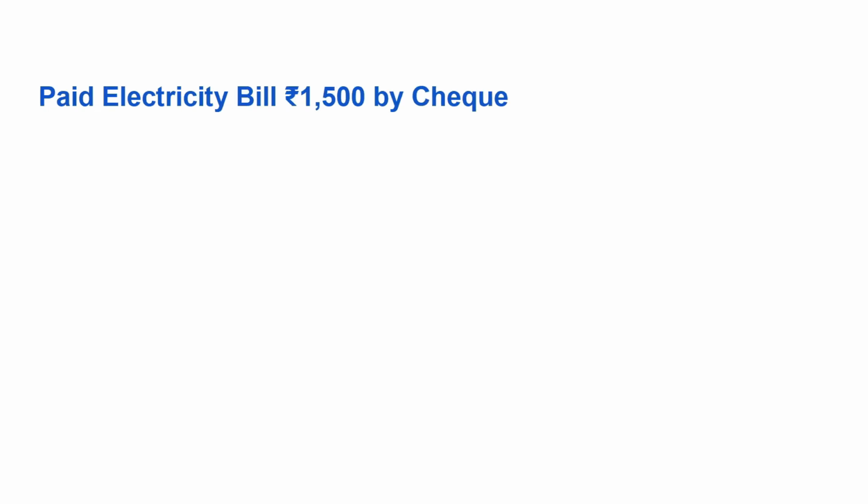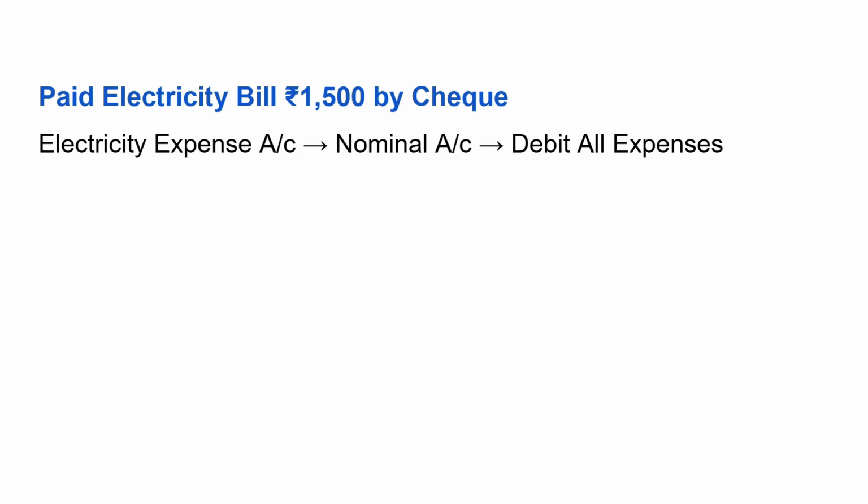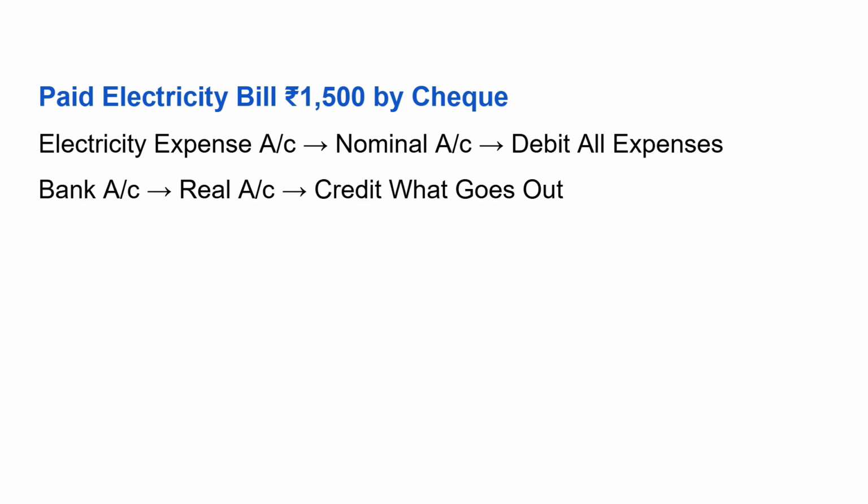Paid electricity bill 1500 by check. Here the two accounts affected are electricity expense account and bank account because it is paid by check. If it is cash, then we would have taken cash. Electricity expenses, it is nominal account, and for nominal account the rule is debit all expenses. And bank account is real account, and the rule is credit what goes out.